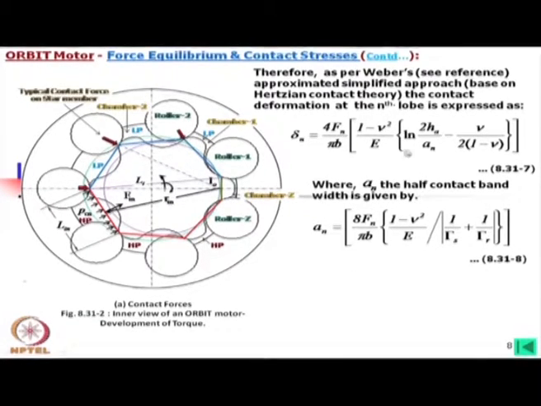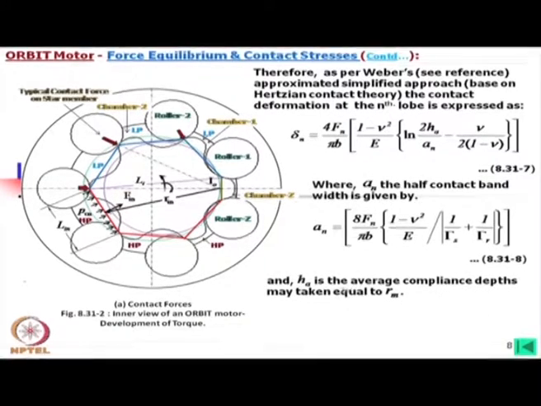Now, what is this one? HA is the depth up to which this deformation occurs. This is a complex thing, but we have to assume for such machines what might be this depth. H is the average compliance depth.